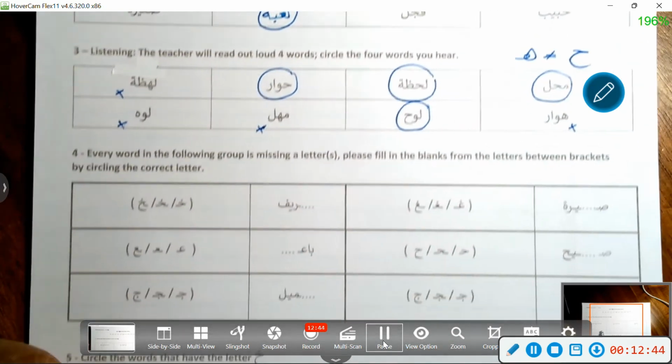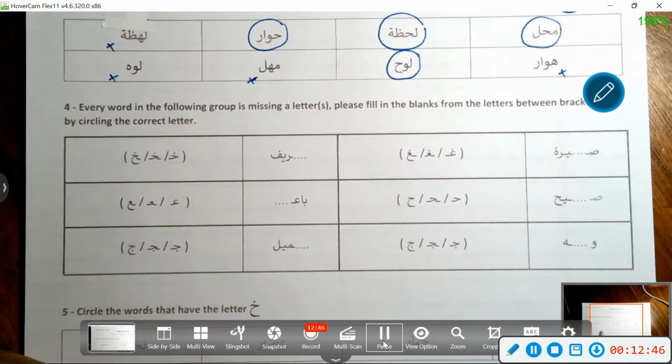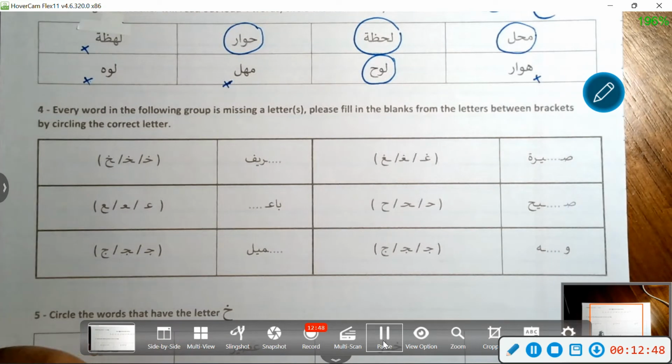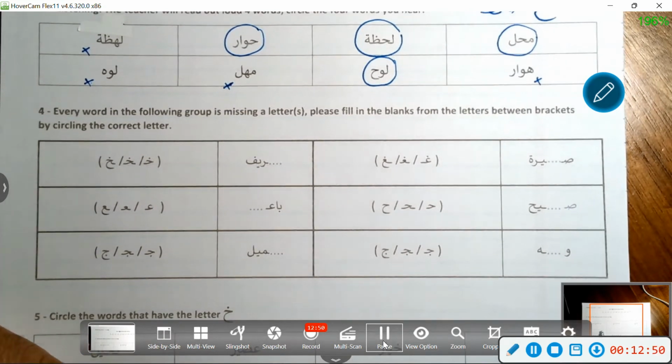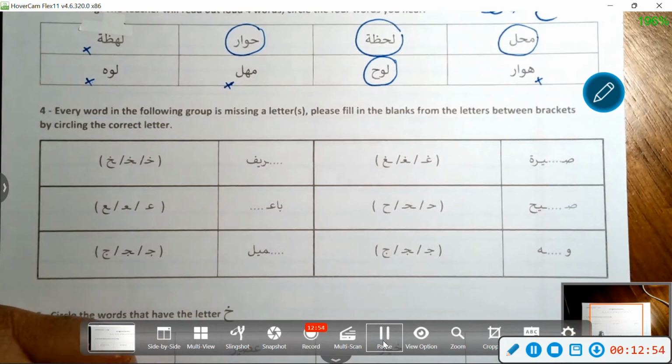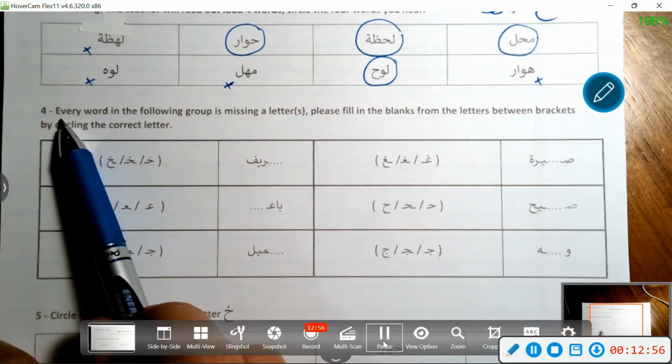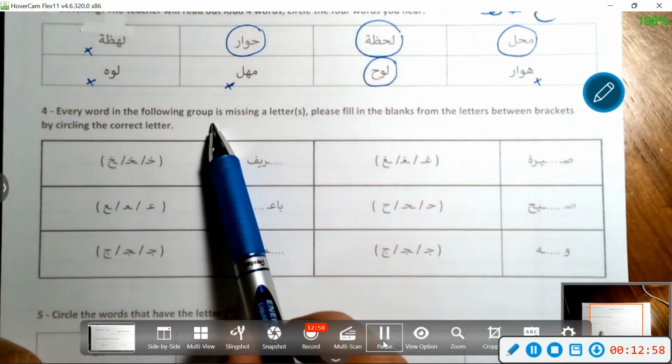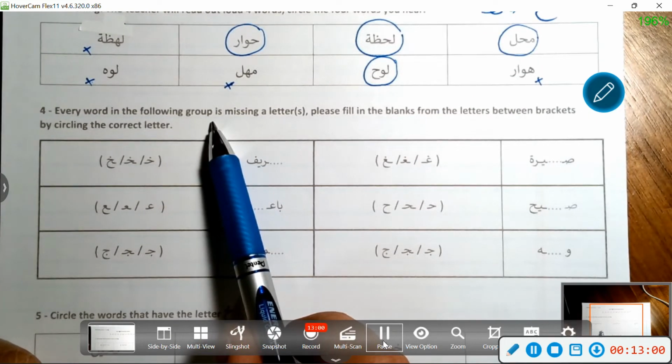Next set of words are a question that wants you to distinguish the word. Now, every word in the following group is missing a letter.